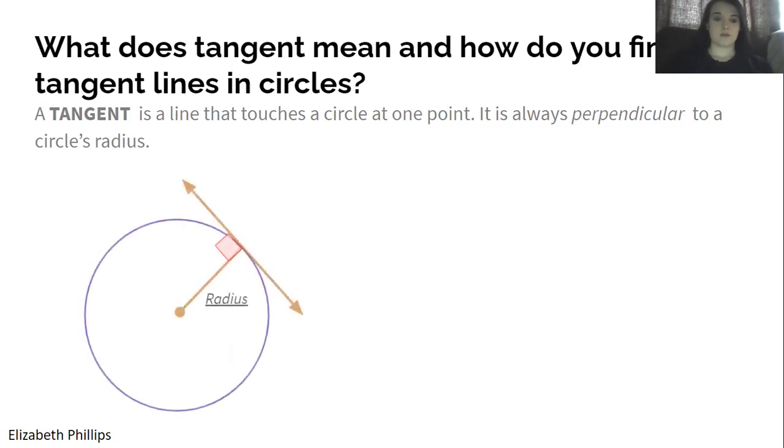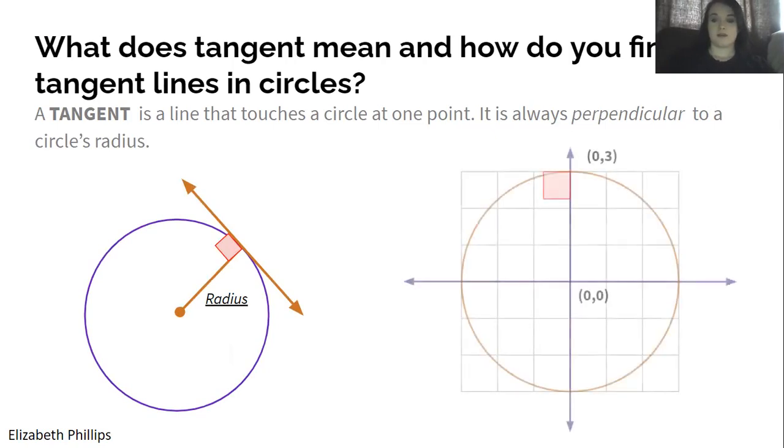So for example, I have a circle right here. If you'll notice the orange line outside of the circle, that's actually going to be the tangent, just because it's perpendicular to the radius, it creates a 90-degree angle and it only touches the circle at one point.